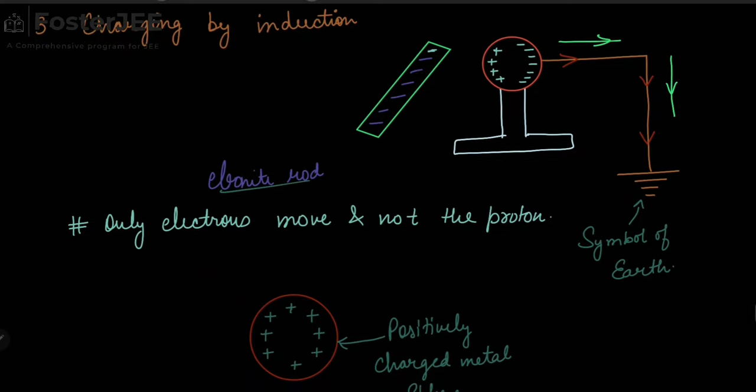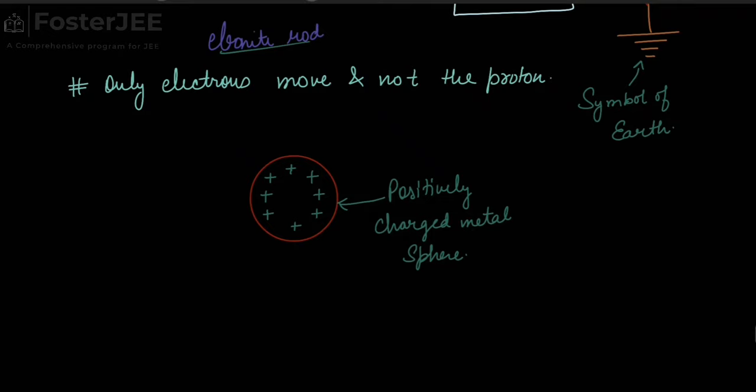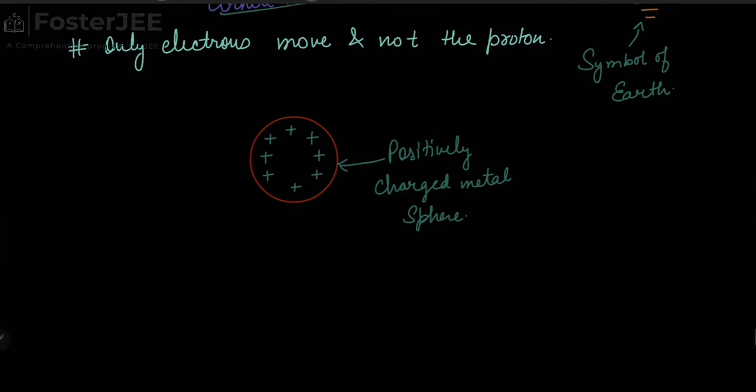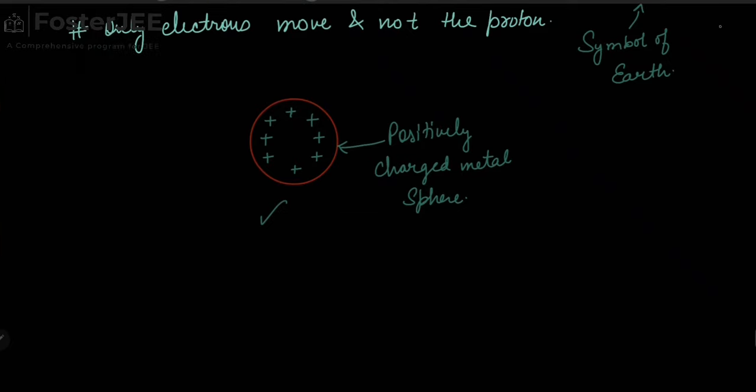Now, as some of the negative charge from the sphere has gone into the earth, that will create deficiency of electrons on the metal surface, or we can say deficiency of electrons means excess of positive charge. So our sphere is now charged with positive. So this was another way of charging a material.